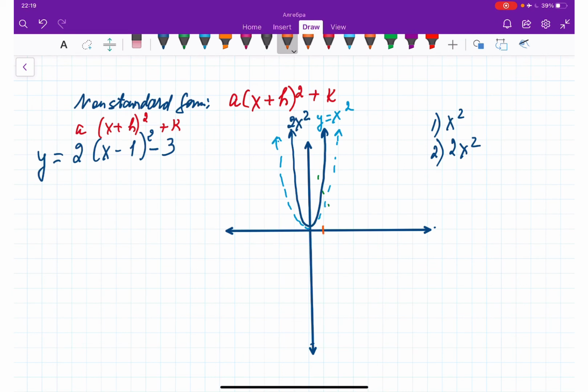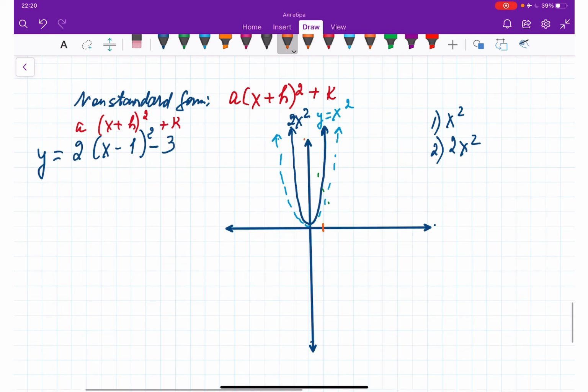If this is our 1, this solid blue color is going to look like this. So this is going to be twice x minus 1 squared.